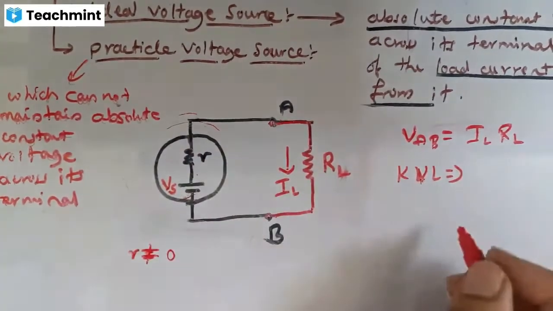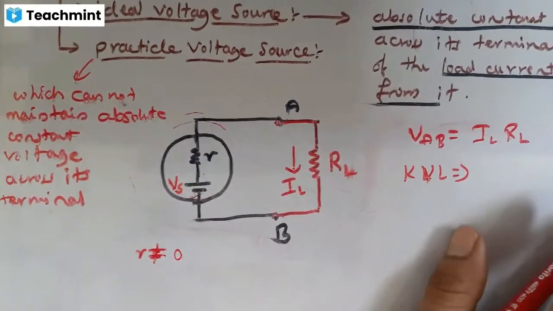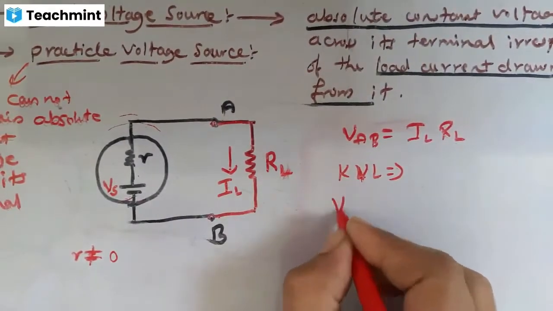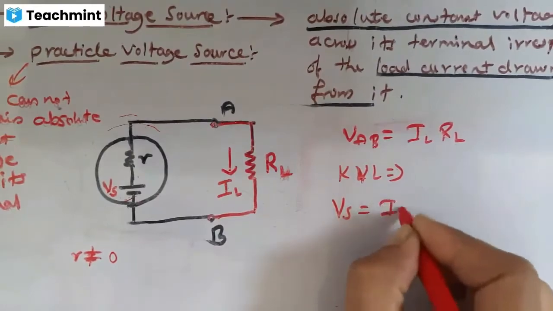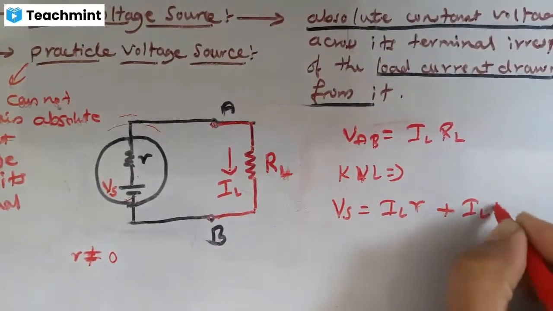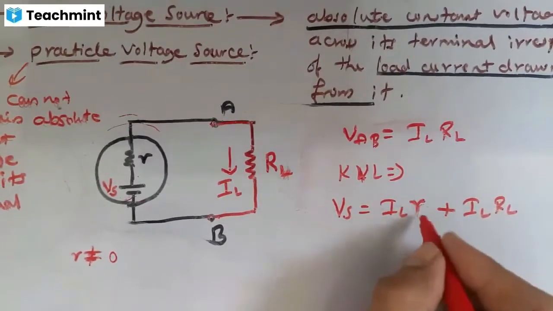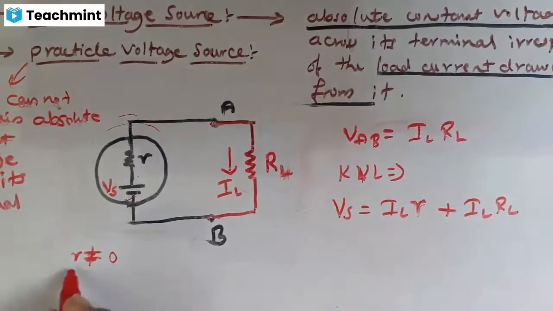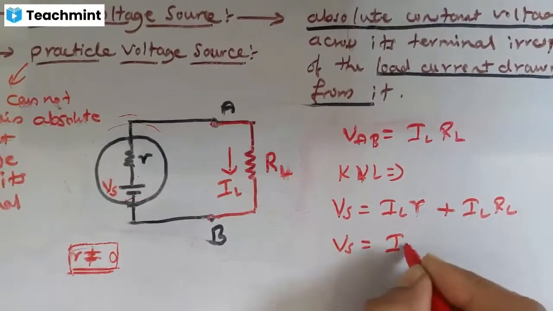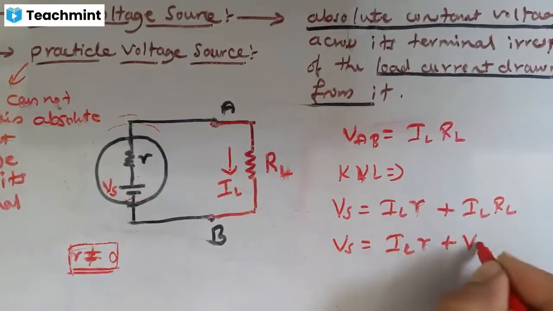If I apply KVL here, you can see Vs equals IL into R plus IL into RL. Here R is not equal to 0. So Vs equals IL into R plus VAB.